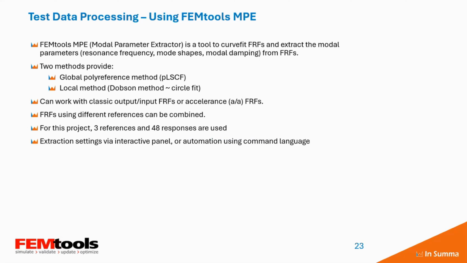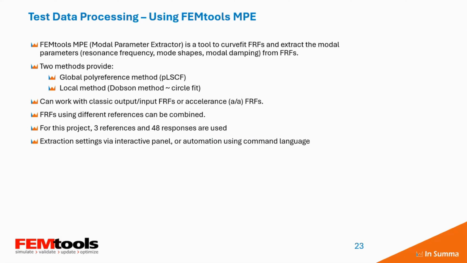We have the global method, the global polyreference method, also known as the BLSCF method, and then we also have the local method known as the Dapson method. These work with classic output over input FRFs or accelerances, so A over A, as we have in this demo case. FRFs using different references can also be combined. For this demo case, we use 3 references and 48 responses.